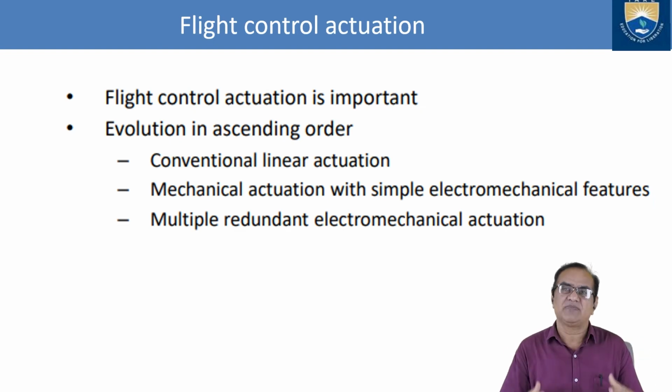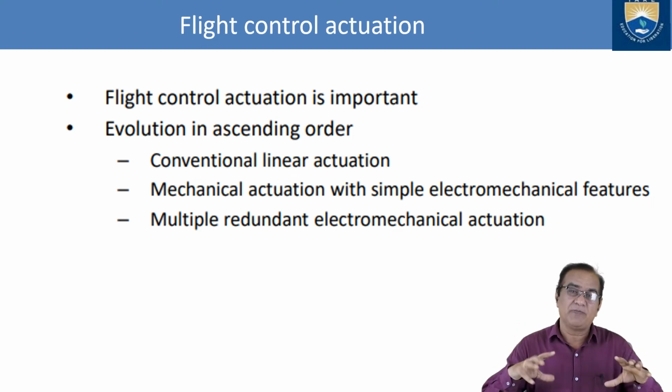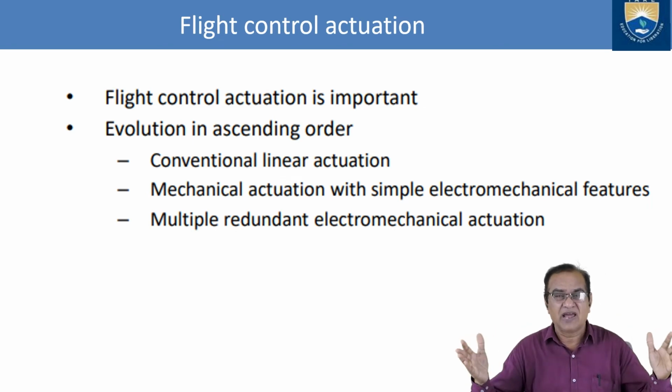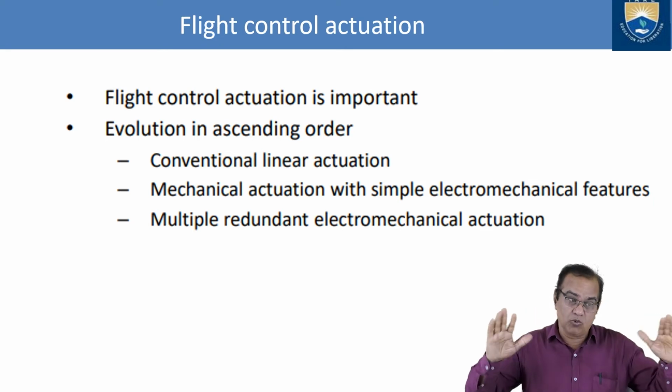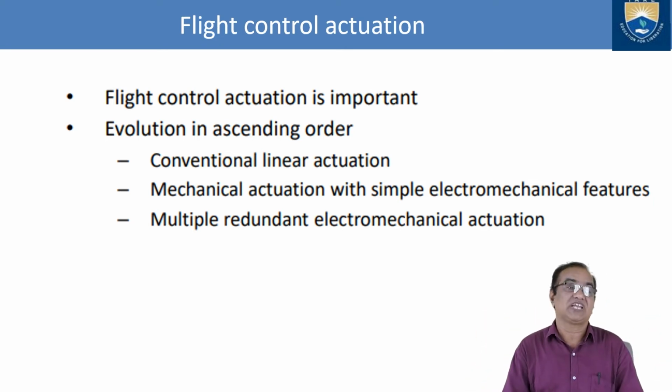So now they have made hydraulic systems, pneumatic systems, electrical systems, electromechanical systems, and electro-pneumatic systems. With the help of these, by the motor or otherwise, your control surfaces are moving. The equipment used to move the control surfaces is called the actuation system. So flight control actuation is important.